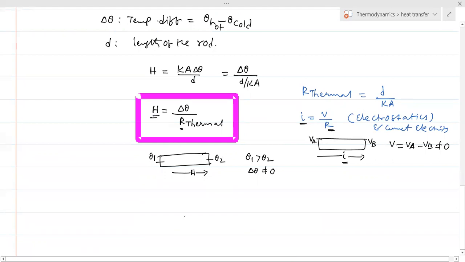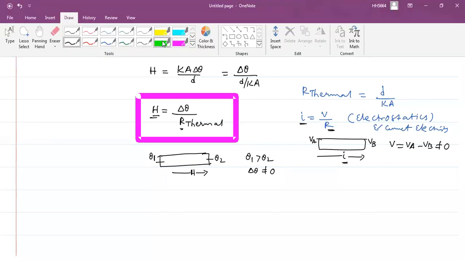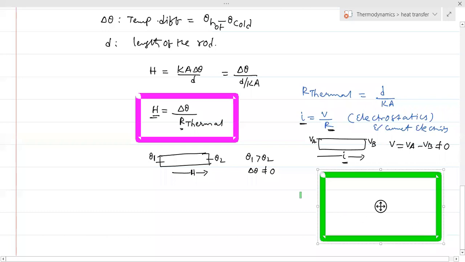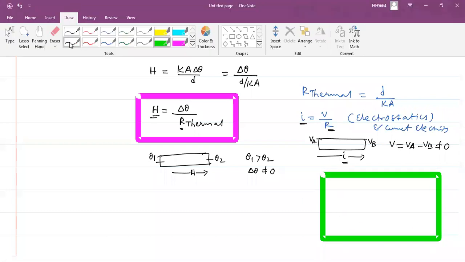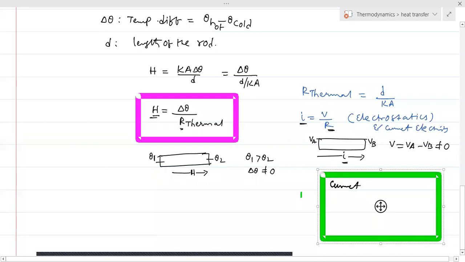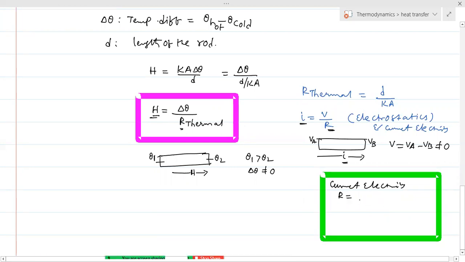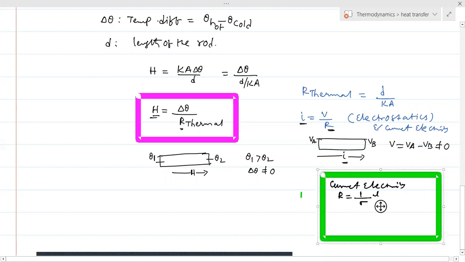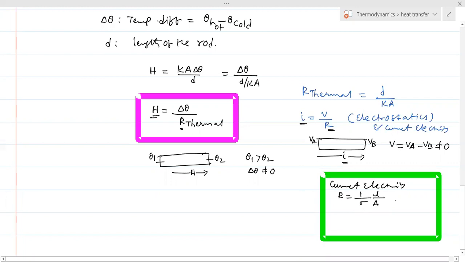So we can remember it very easily, because in current electricity we have a resistance equal to rho L by A, where rho is the resistivity, or 1 by sigma into L by A, where sigma is the conductivity.